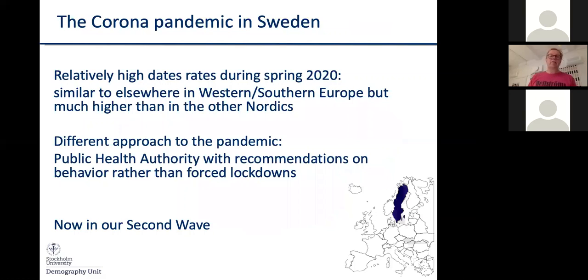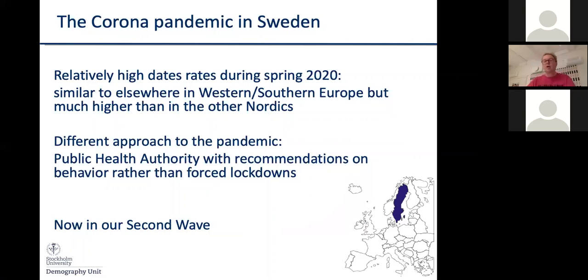Just as a background, for the corona pandemic in Sweden, we had relatively high death rates in the spring of 2020, just like in the UK and similar to other Western and Southern European countries, but different from the other Nordic neighbors, which had much lower mortality levels than Sweden. We also had a different approach to the pandemic.